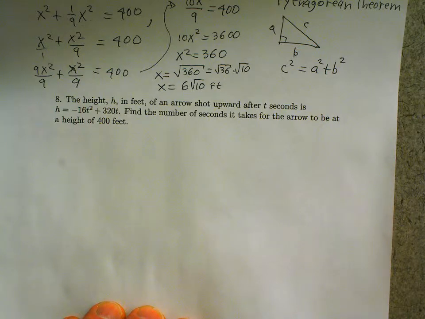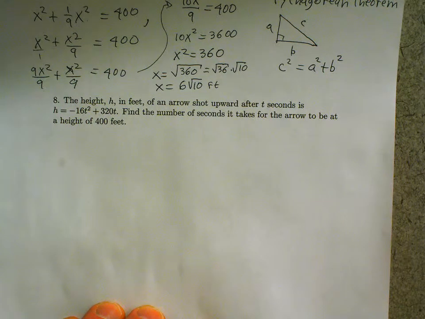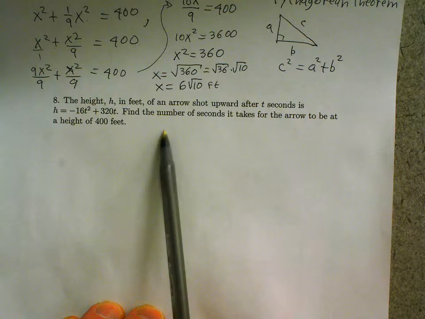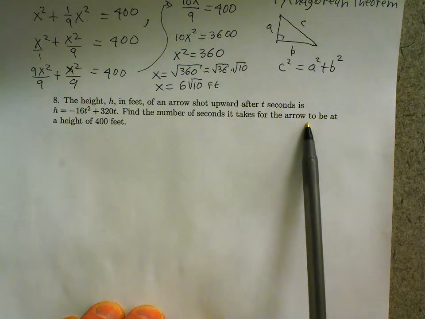Okay, so how do we begin on this one? We want to find the number of seconds it takes for the arrow to be at a height of 400 feet.